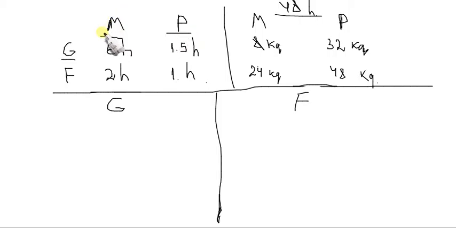One will be meat and the second one will be potatoes, and I denoted them with M and P. We will say that for the gardener it takes 6 hours to produce 1 kilogram of meat and 1.5 hours to produce 1 kilogram of potatoes, and it takes 2 hours for the farmer to produce 1 kilogram of meat and 1 hour to produce 1 kilogram of potatoes.